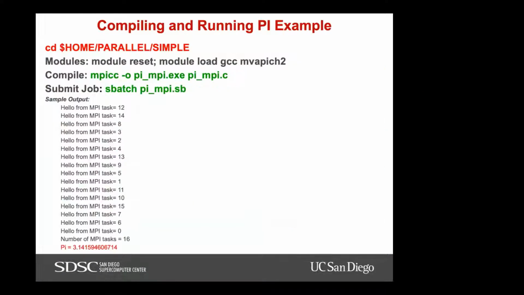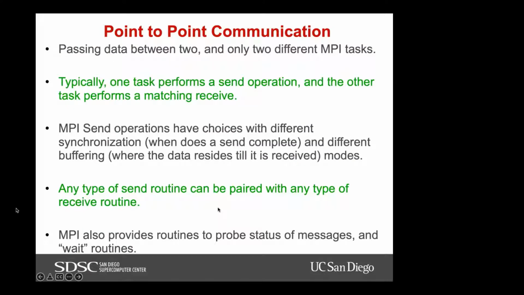So we just did the first simple compile and ran the code, right? In that case, the only communication was at the end of the job, where we just sent the sums from every task to one of the tasks and then printed it out. But before we go into the collectives in more detail, the simplest kind of communication is point-to-point communication.